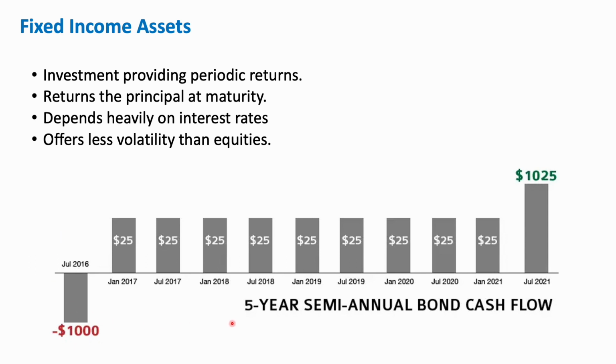And this is just a quick example. This is just a 5-year semi-annual bond, and we can see the cash flow. At the beginning, you have an outlay of $1,000, and every 6 months, at regular periodic intervals, you're getting some return, and at the end you get back your principal and also the coupons.